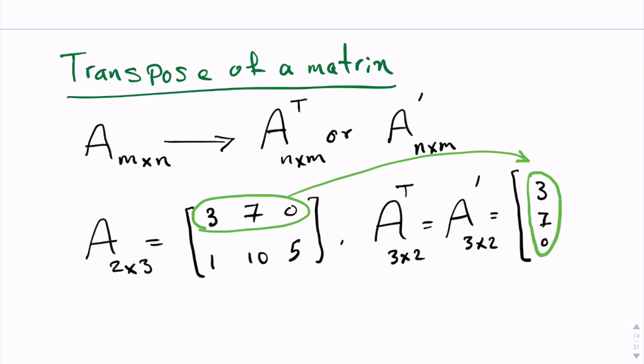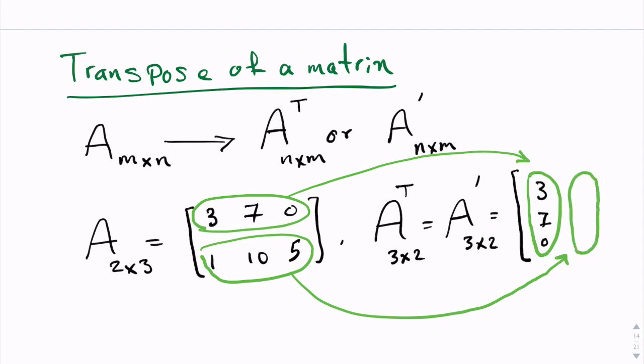And then I get the second row and put it as the second column: 1, 10, and 5. That's how we obtain the transpose of a matrix, by swapping the columns with rows, or if you consider each row as a vector, we just put the transpose of that vector in the transposed matrix.